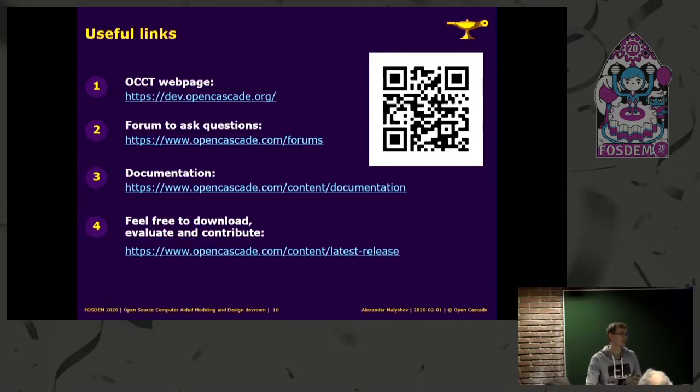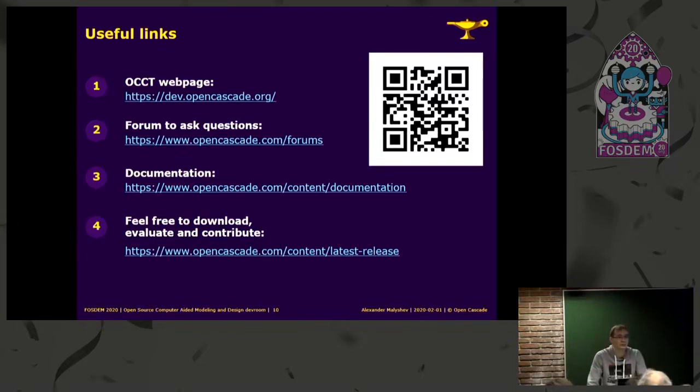Since then, we have become more open to the community. OpenCascade Community Edition still uses OpenCascade 6.9.1, but our actual version is 7.4, so almost all users switched to the official OpenCascade release. But it's the same license, right? Yeah, LGPL.